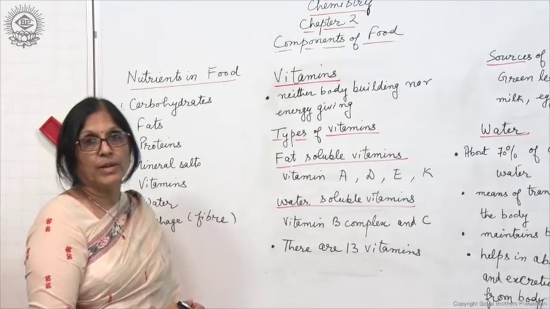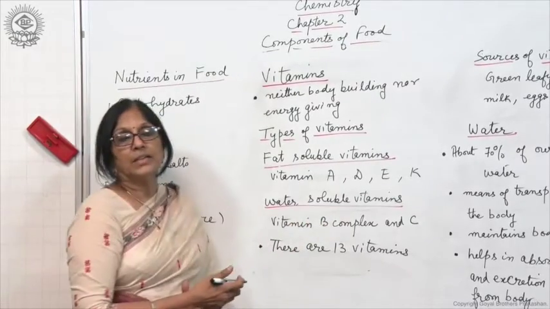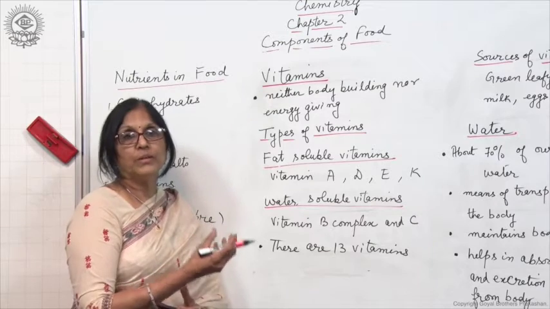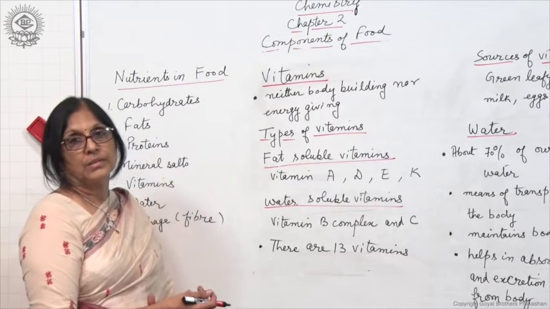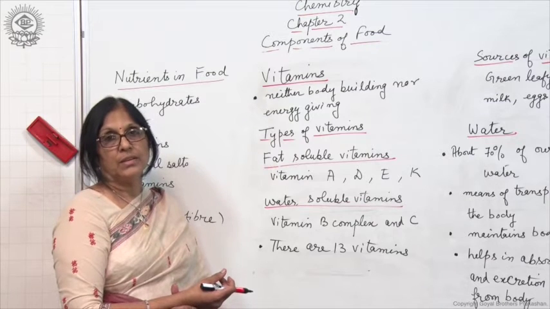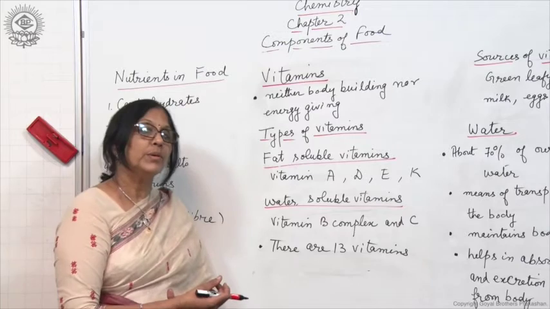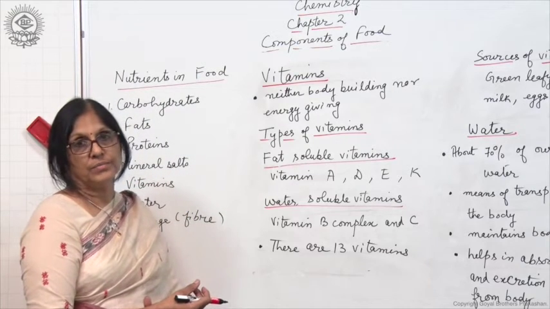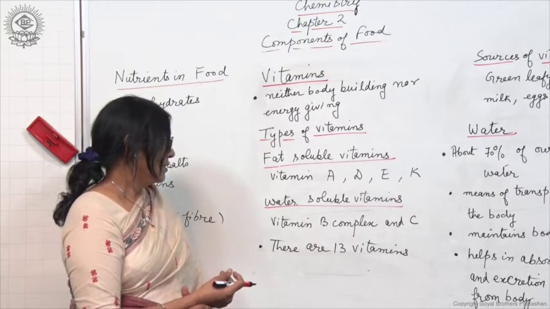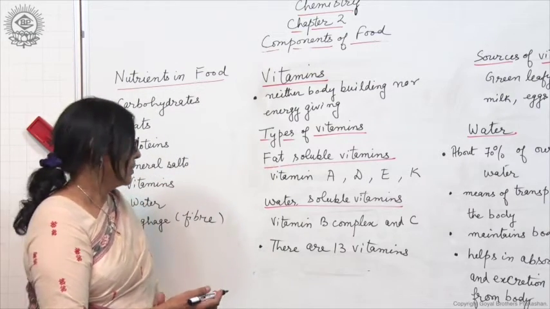You must have heard about vitamin B complex. Actually, it is not one vitamin, it has vitamins like vitamin B1, B2, B3, then vitamin B5, B6, B7 and vitamin B9 and vitamin B12.